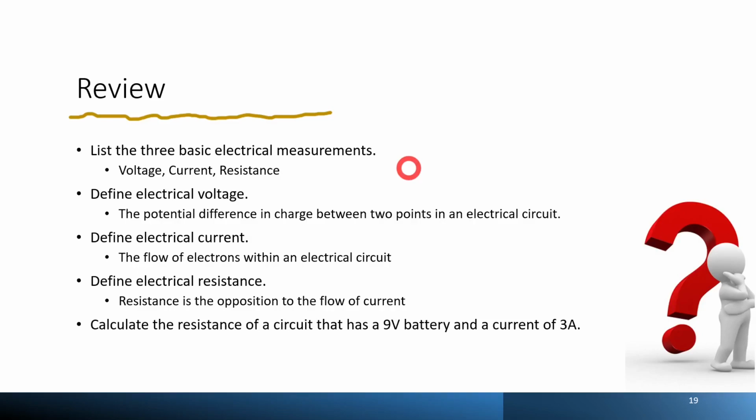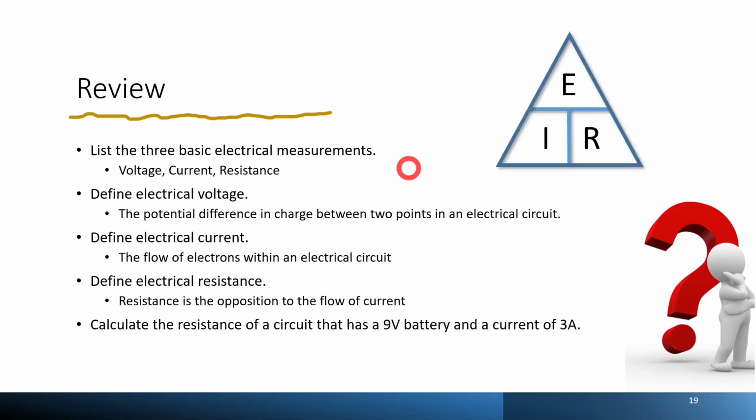And finally, calculate the resistance of a circuit that has a 9-volt battery that is supplying 3 amps of current. So if you want to pause and do the calculation. Okay, coming back, we're going to use our Ohm's triangle here, and we're trying to solve for R. So you can cover up the R with your thumb here, where I have the cursor right now, and get your formula.